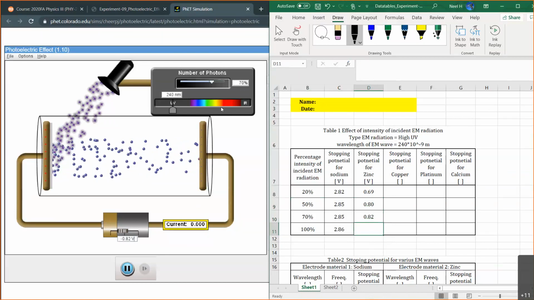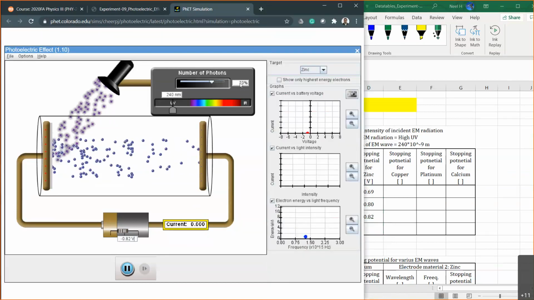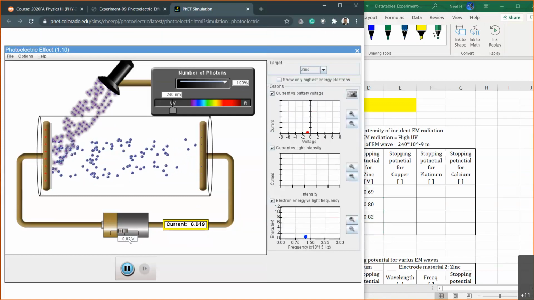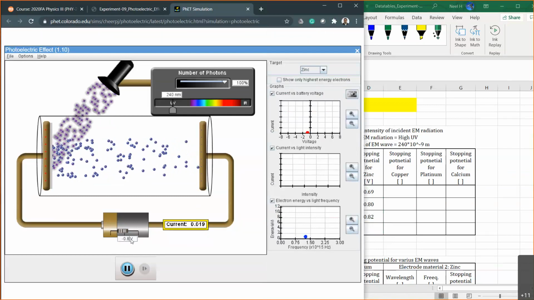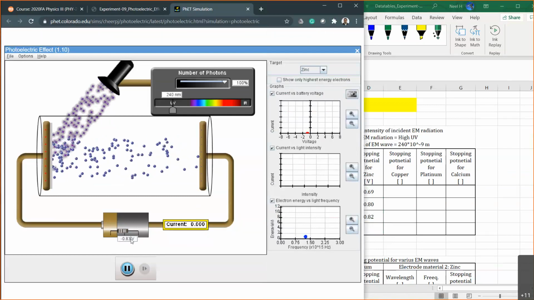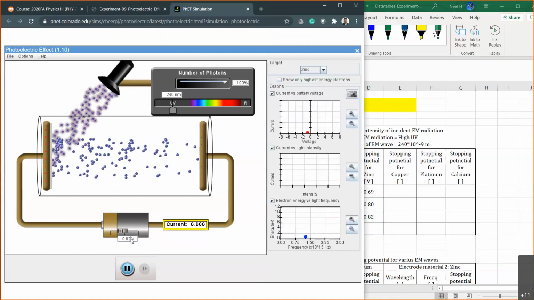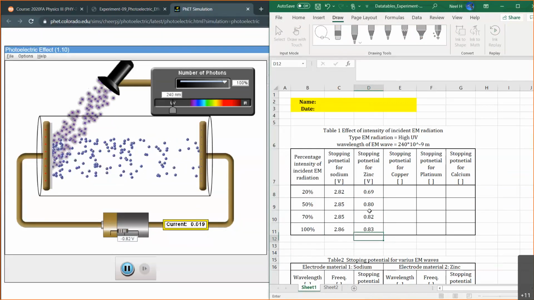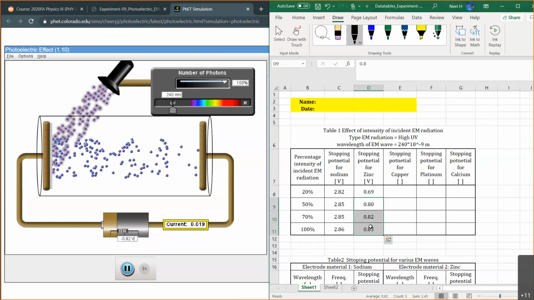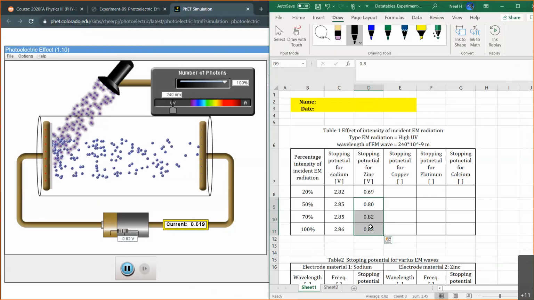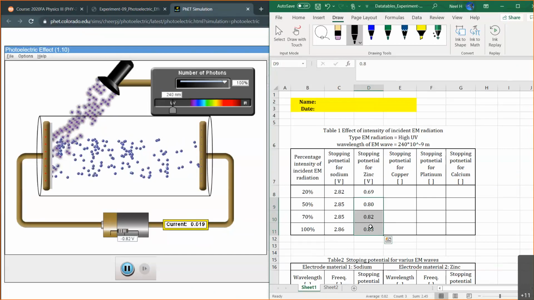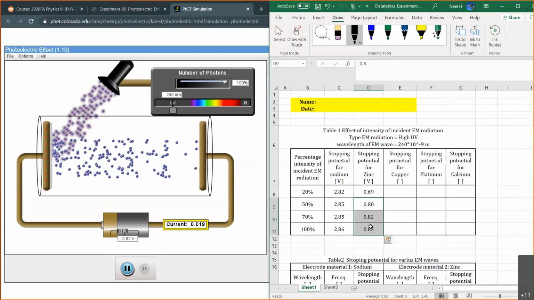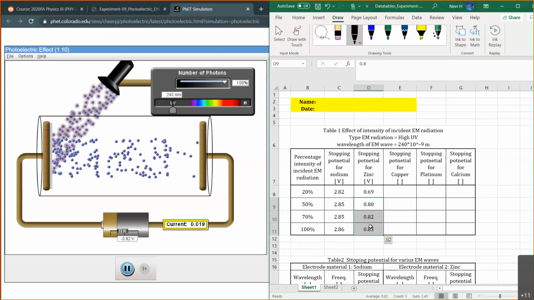Okay, let's try with 100%. 0.83 is 0.82. I have a little bit of a number, right? So this should then be 0.83. So it's remaining consistent with our previous numbers, very, very slightly changing, but it's almost not behaving any differently at all.